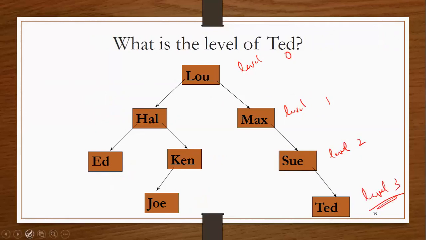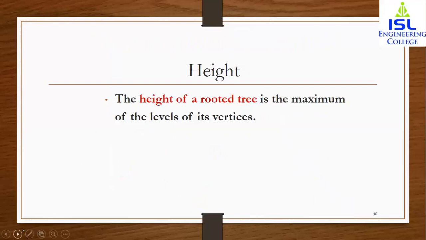So Ted is at level 3. What is the level of Ted? It is 3. Now why am I giving this simple example? So that you understand the concept and won't get confused even if any other tree is given. We'll look at a few more examples, but I have taken all the concepts on the same example so that you are clear with the definitions.